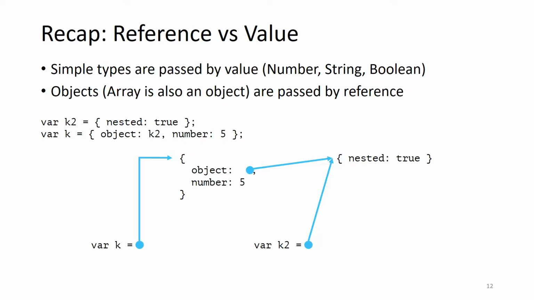They are simply pointers to the object with the nested keyword there. So if I were to change the property k.object.nested, I will also change the property k2.nested.